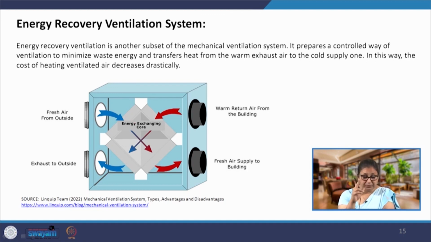So what does energy recovery imply? Specifically in case of air conditioned buildings, where we are either cooling or heating the air, if the outdoor air is slightly warmer and the indoor air is maintained at a lower temperature, in that case when we are exhausting the air, for example, these are the two ducts.